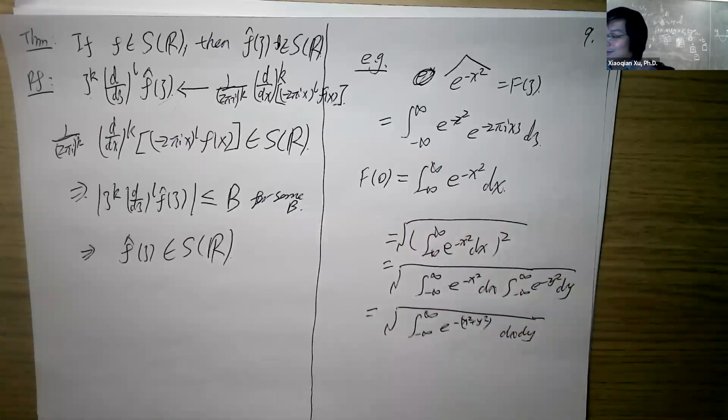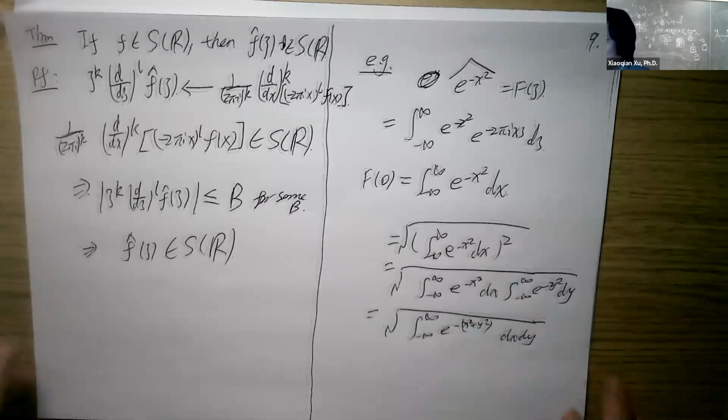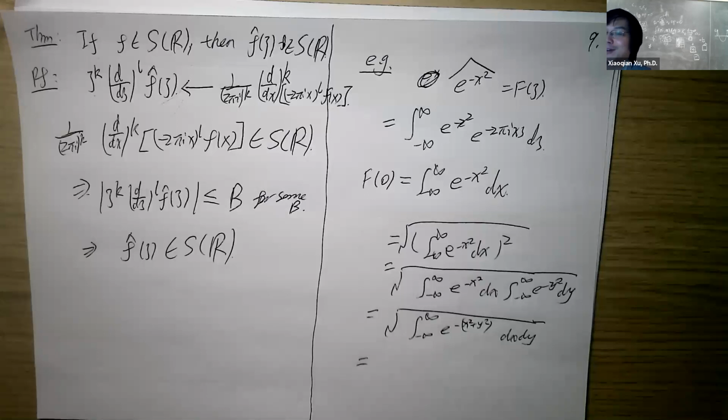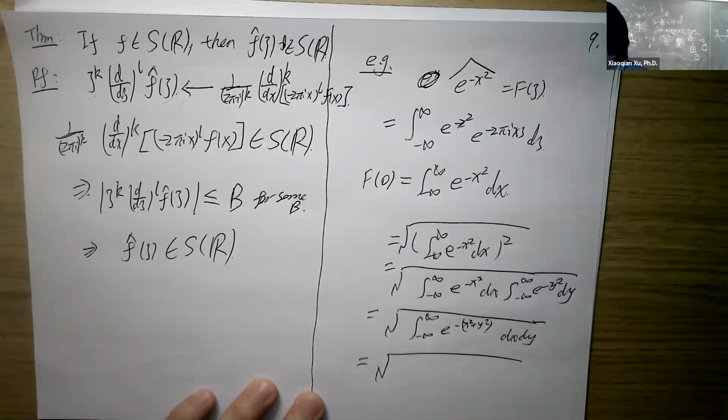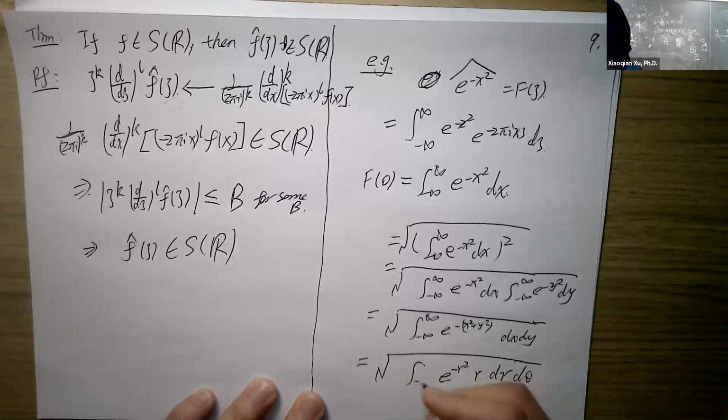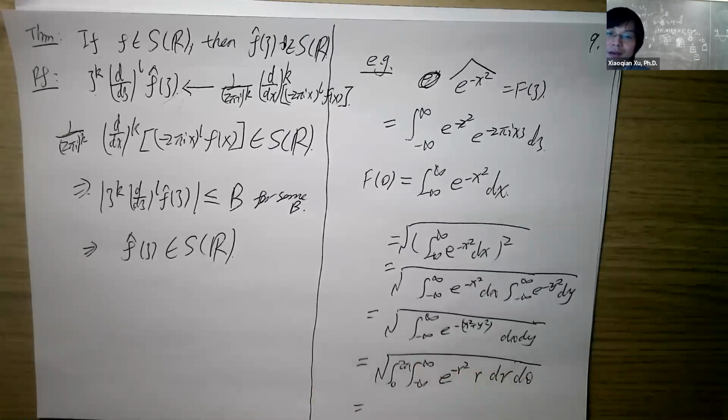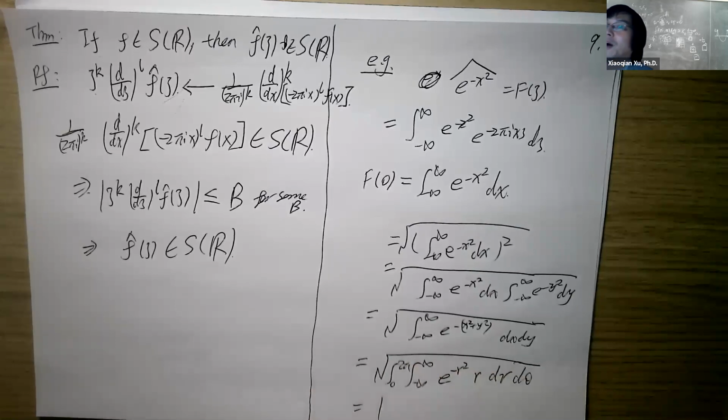This is amazing stuff in math. Then you can do a change of variable in R^2. What you get is r e^(-r^2) dr dθ, with r from 0 to infinity and θ from 0 to 2π, which gives you, finally, 1. This is an amazing thing.